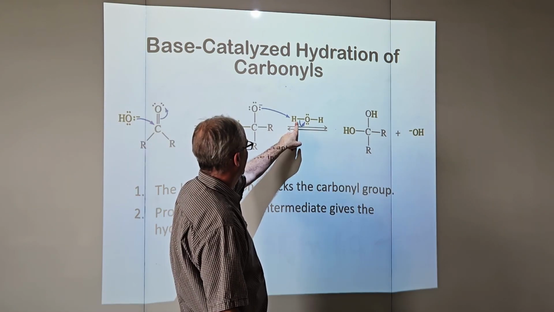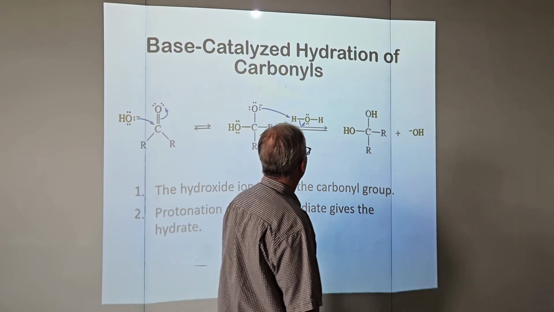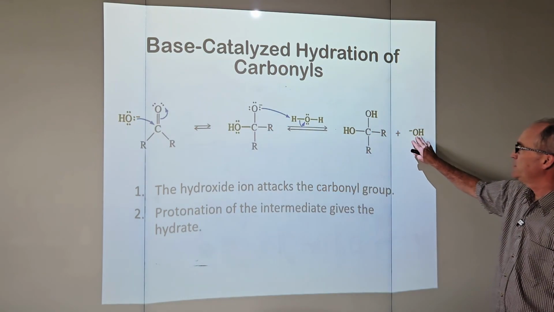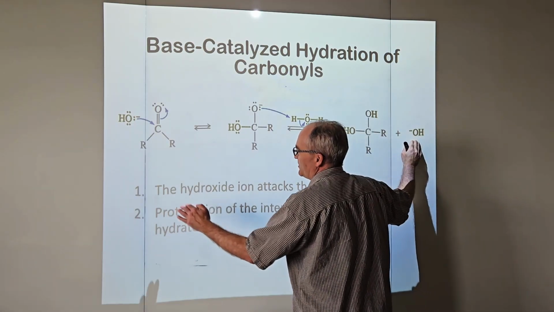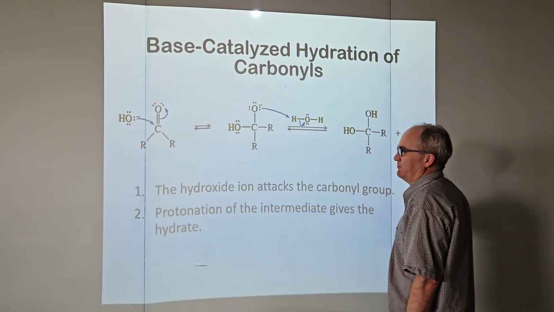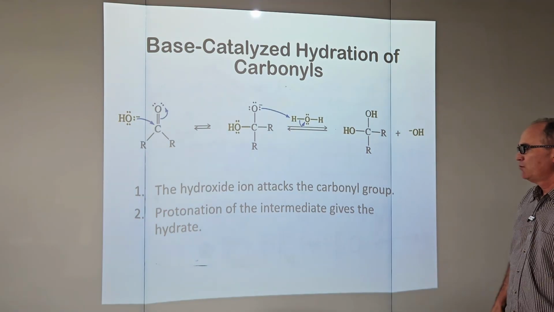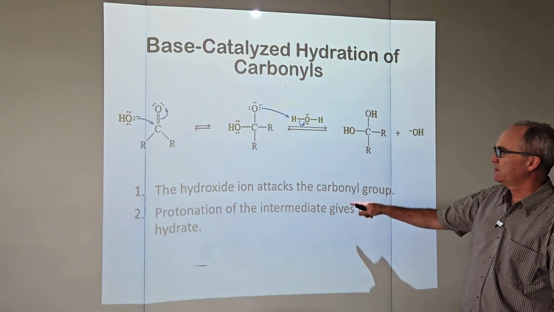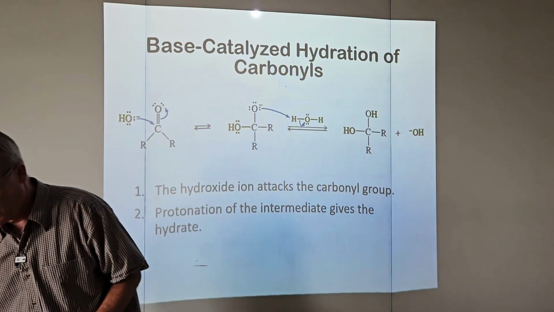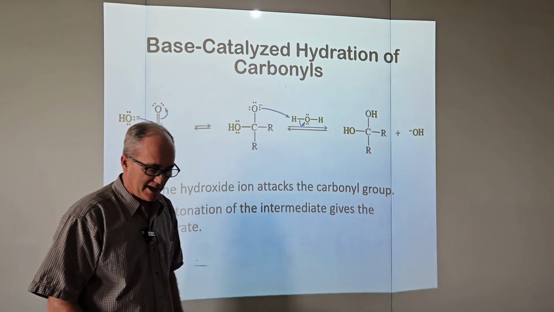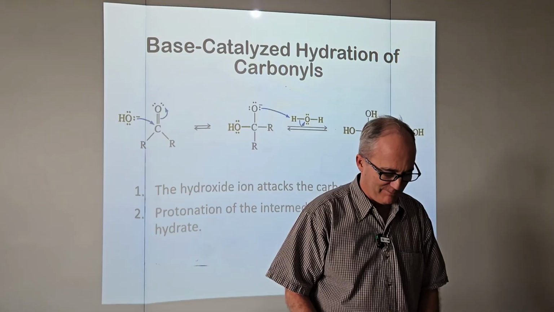We're in an aqueous solution, pull a proton off water, and we've regenerated our catalyst. Doesn't always look like a catalyst. Looks like it's a reactant. Protonation of the intermediate gives the hydrate. All right, wanted to talk about hydrates. We can talk about the Wittig reaction next time we meet.